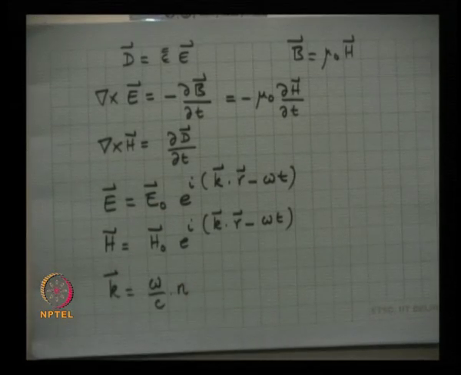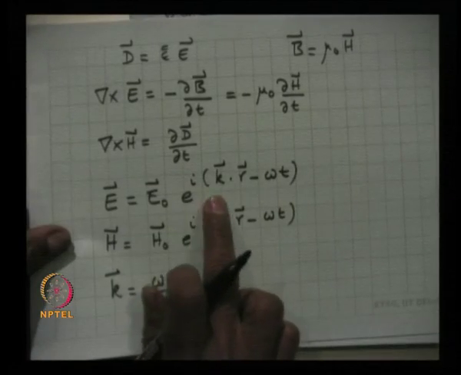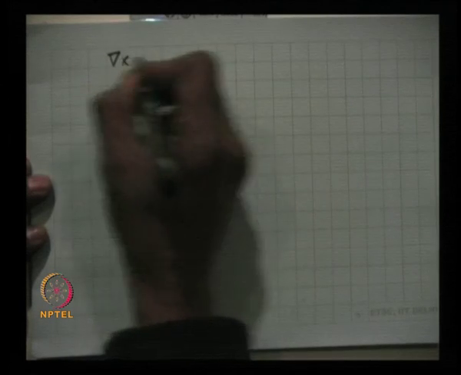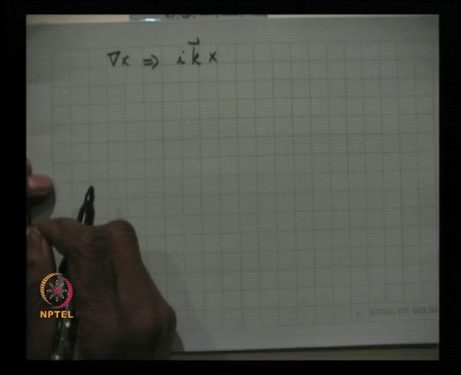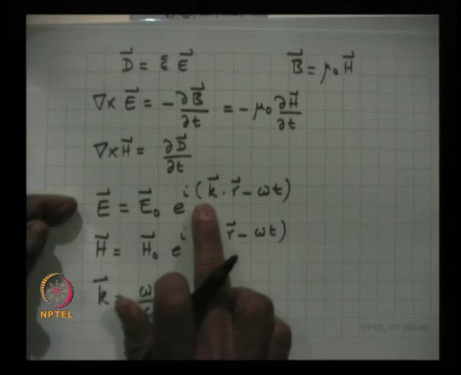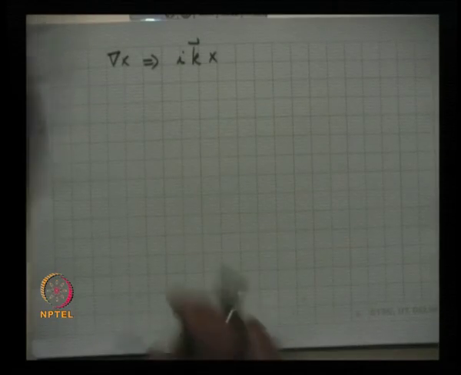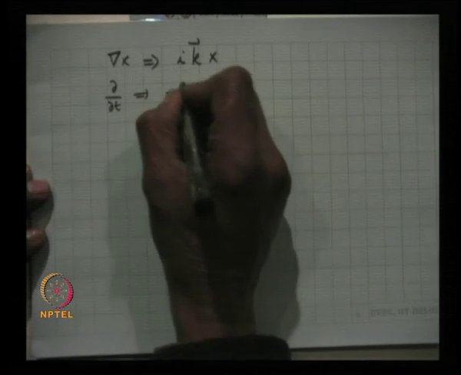Let me substitute this into the two curl equations. Please remember that because of the form of this, wherever you get del cross, it will just become i k cross because of the space dependence of this form, and del by del t will get replaced by minus i omega.